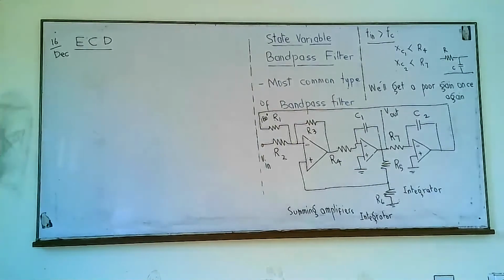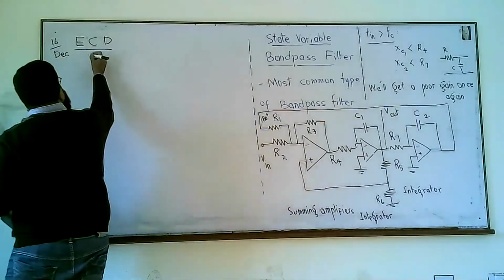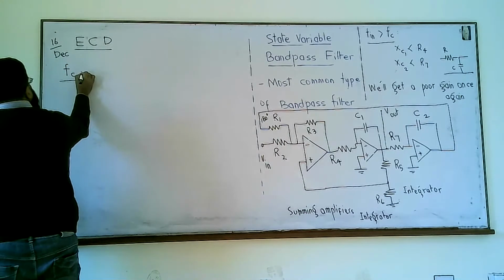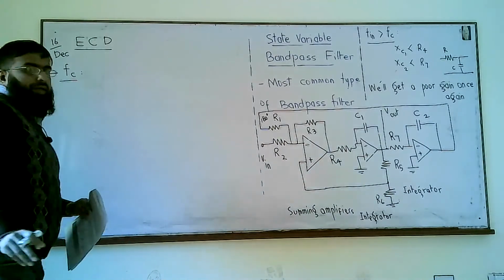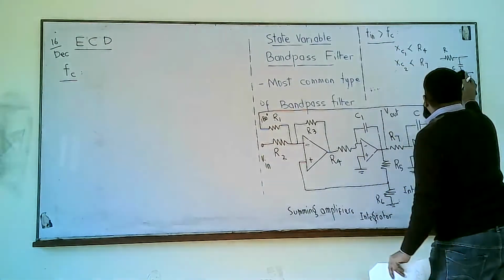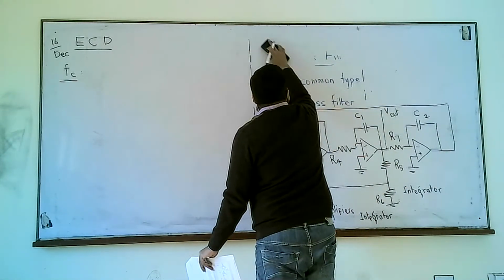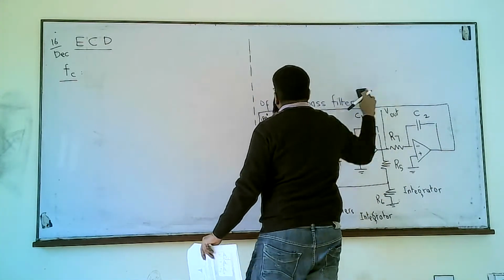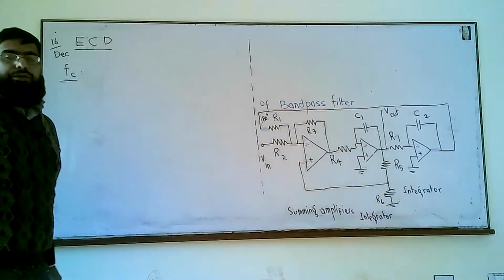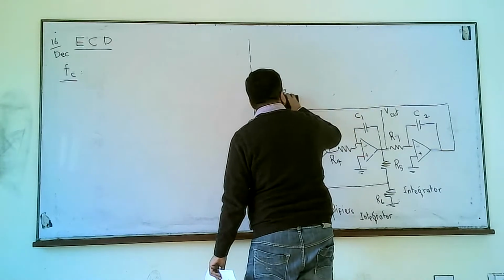But first, how to select the frequency Fc? Given this filter, we have to find Fc and of course the bandwidth, to know the band it will pass through. So we need to calculate two things: the central frequency, Fc, and the bandwidth. If we know these two things, we can implement this bandpass filter with ease, for our desired Fc and desired bandwidth. So let's see how.